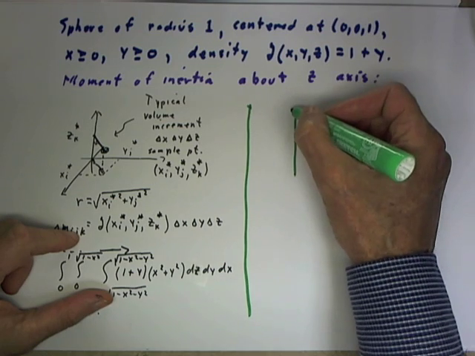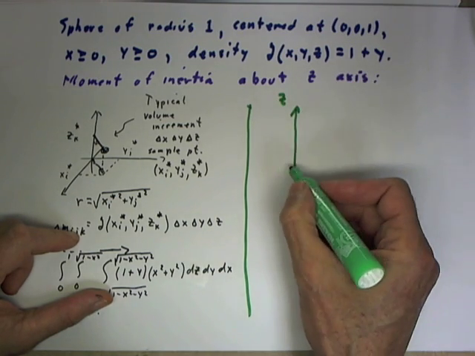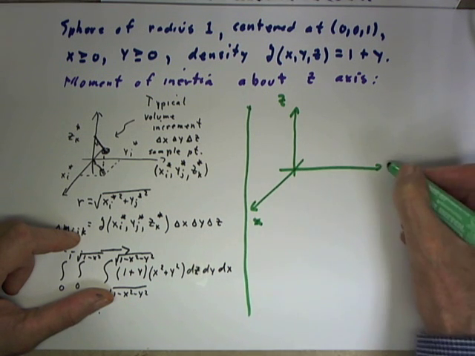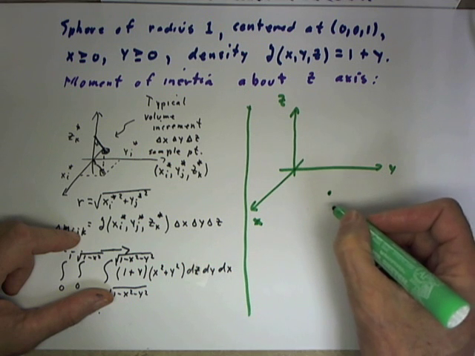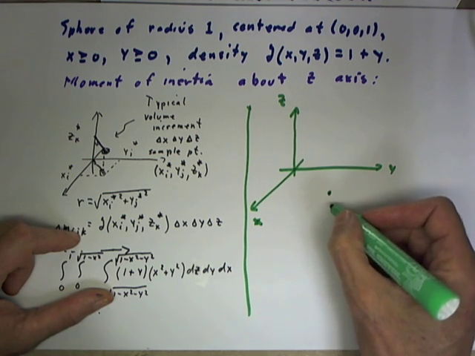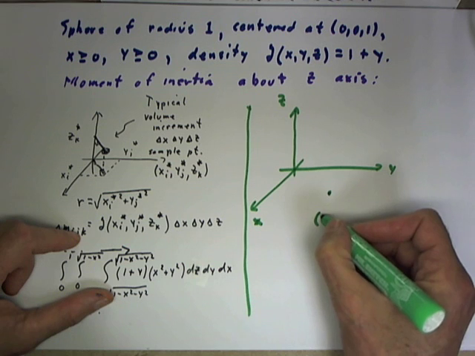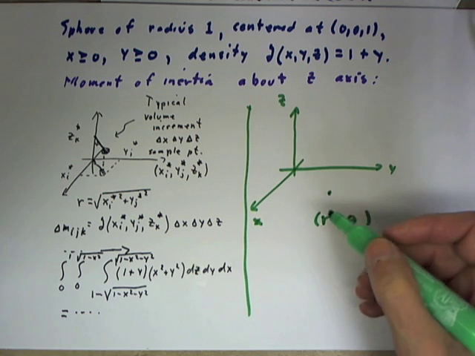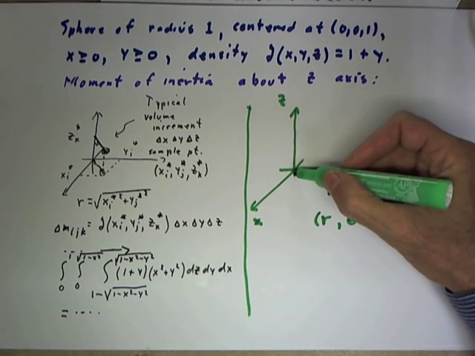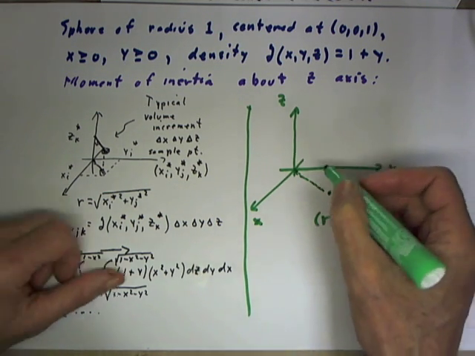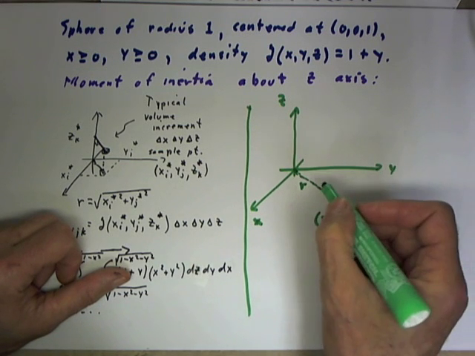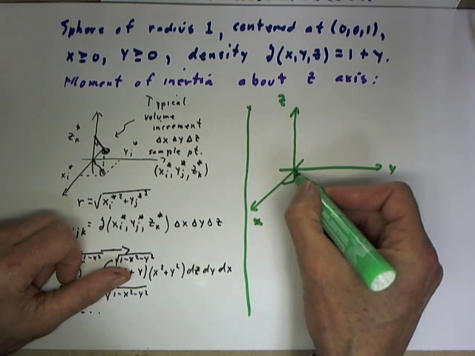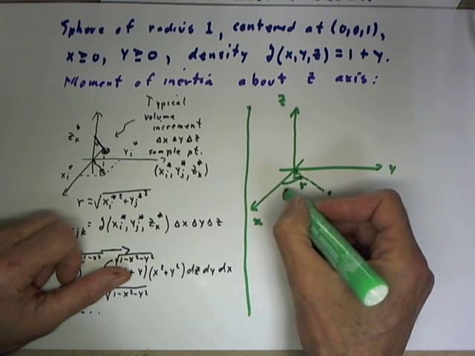In cylindrical coordinates, we're going to have a z-axis, and we can draw our x and y axes here. But we're going to consider the coordinates of our point down here now to be r and theta. So that in the xy plane we have distance r and angle theta.